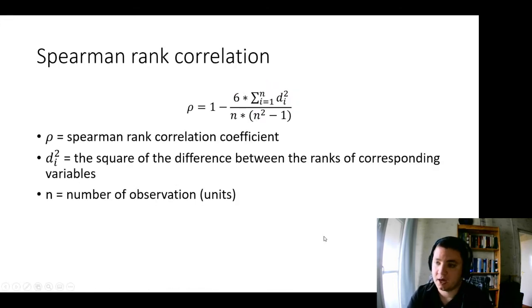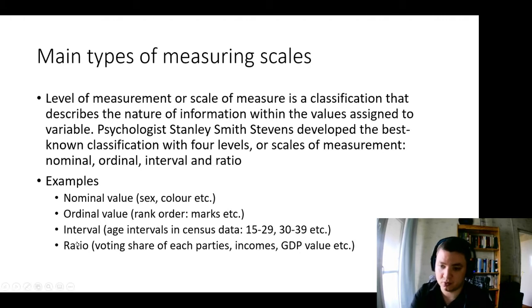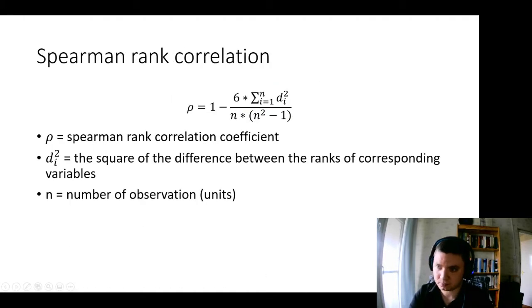After that, if we deal with not ratio but ordinal values, if we just know the rank order of the given variables, we can use the Spearman rank correlation, which has its own formula.